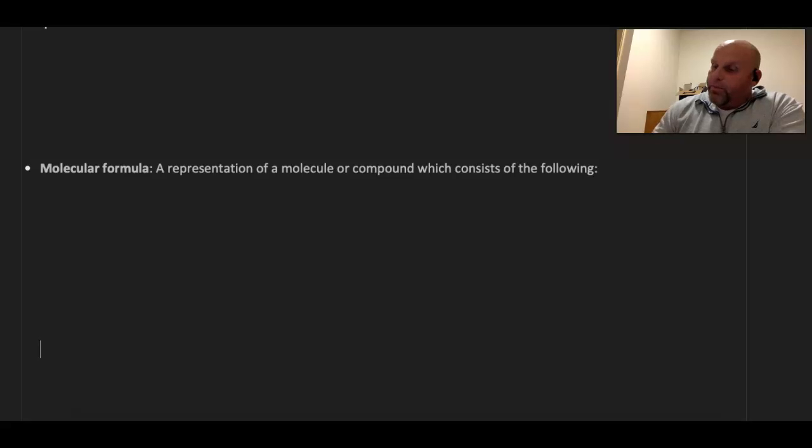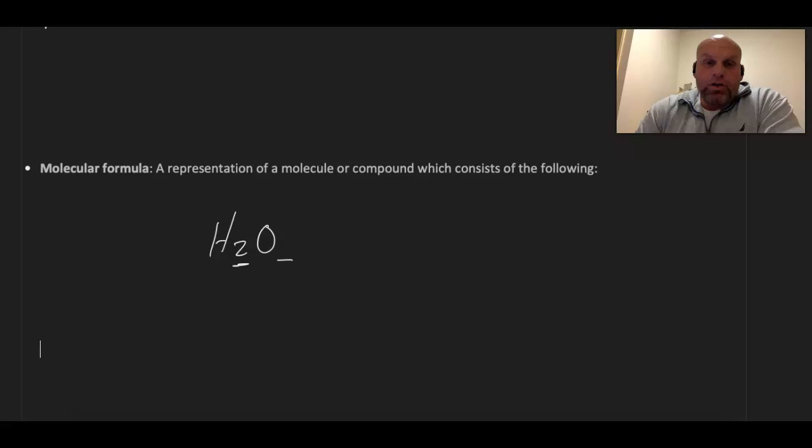So for example, the molecular formula for H2O tells me that this molecule contains hydrogen and oxygen, and more specifically, it contains 2 atoms of hydrogen for every 1 atom of oxygen. So those are the two important pieces of information that we take from looking at a molecular formula.